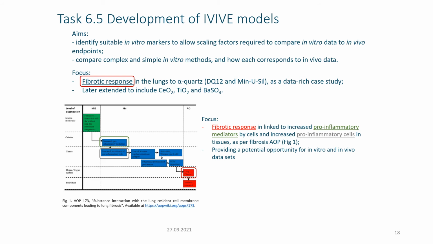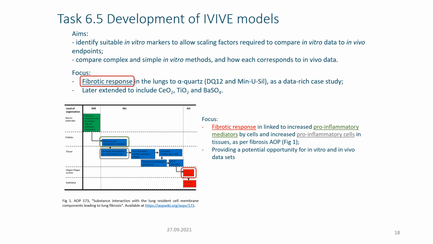Now we move on to the comparison of in vitro and in vivo, and here we aim at the fibrotic responses, where data from alpha quartz are most rich for this kind of comparison. And later on, using the technique we developed with alpha quartz and Min-U-Sil, we then extended to apply to CeO2, TiO2, and BaSO4.